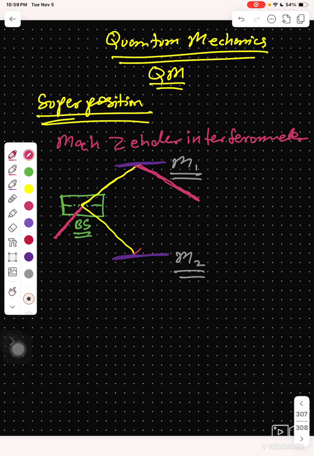We will say that these two mirrors don't affect the light beam when it's reflected, so no effect at the time of reflection.